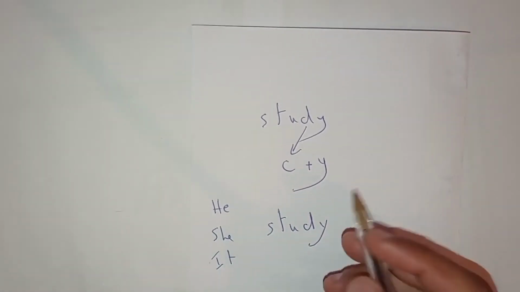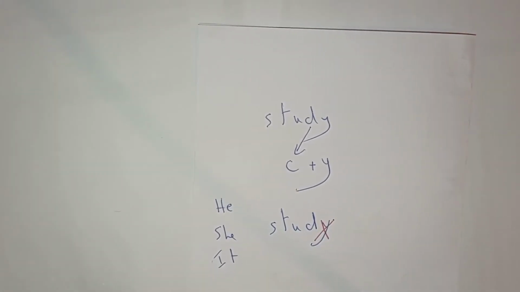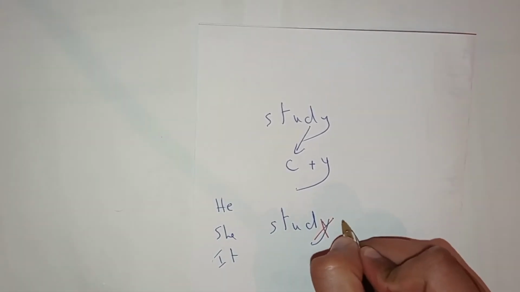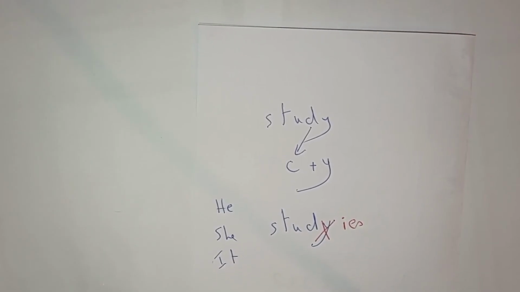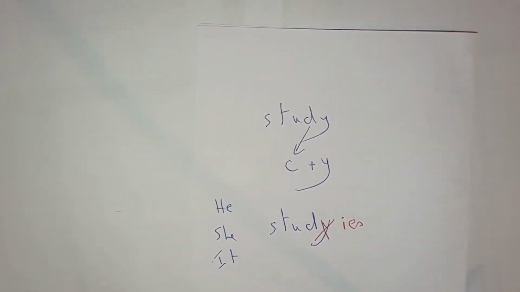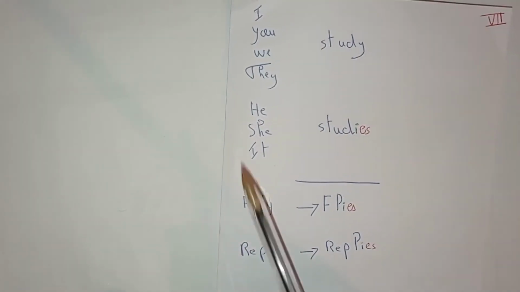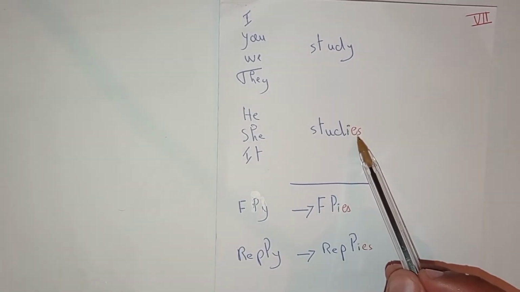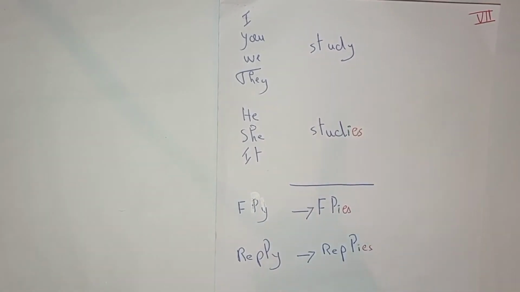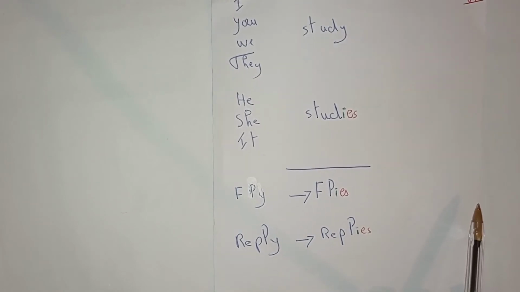We remove the Y and we replace it with I and we add ES. He, she, it studies. Okay? In he, she, it we have studies. Okay? Good. Let's have two more examples.